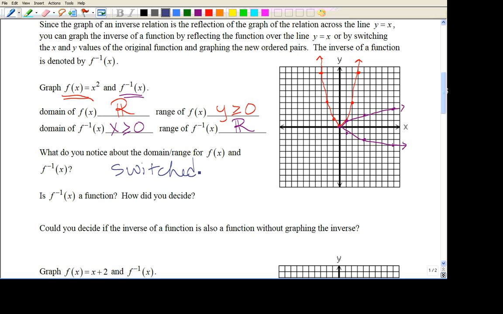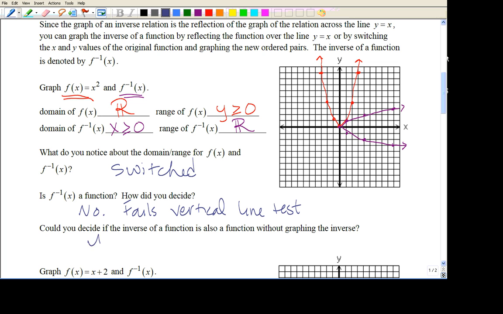Is the inverse of f(x) a function? So looking at this purple graph, is that a function? Actually, it's not, because it fails the vertical line test. Could we decide if the inverse of a function is also a function without graphing the inverse?